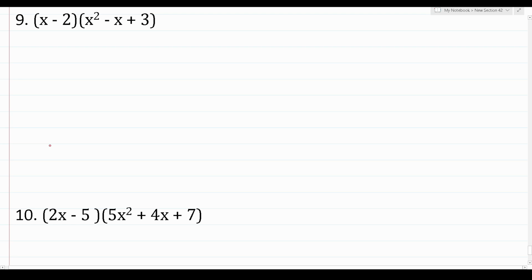For number 9, it says x minus 2 times x squared minus x plus 3. So we're going to take both terms in this first set of parentheses and distribute it to all the terms in the second set of parentheses. So let's see what that looks like. Again, we have, and let me go down a line here, x minus 2 times x squared minus x plus 3.